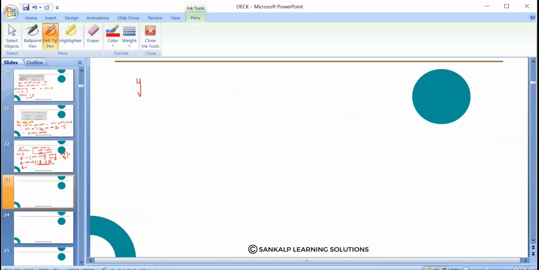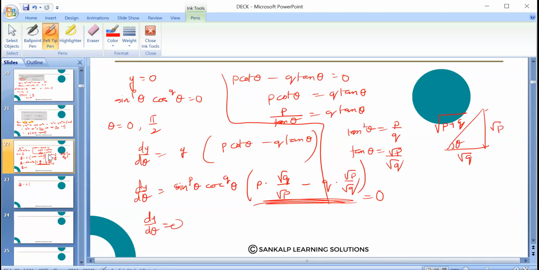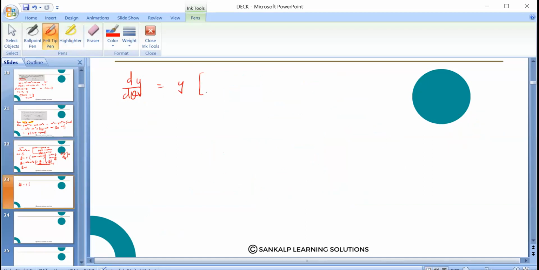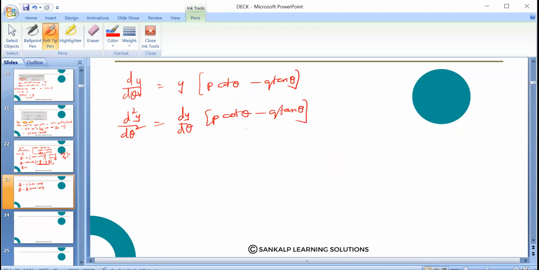Now we will take dy by d theta as y into (p cot theta minus q tan theta). When you find d square y by d theta square, the derivative of dy by d theta, p cot theta minus q tan theta is same.